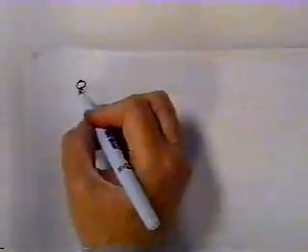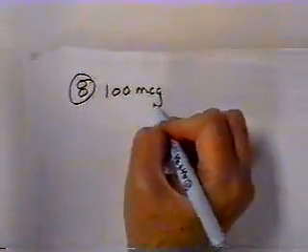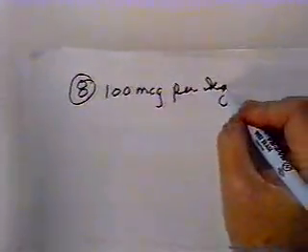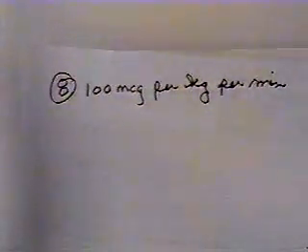Okay, number 8. We ready for 8? Number 8 says 100 micrograms per kilogram per minute. Now, we've seen these before that are the per problems.